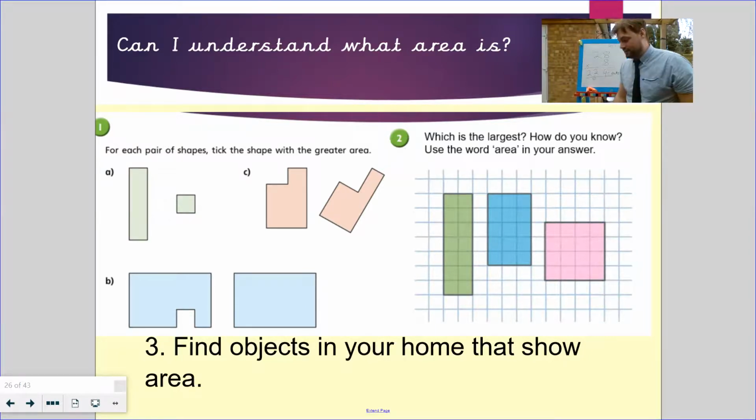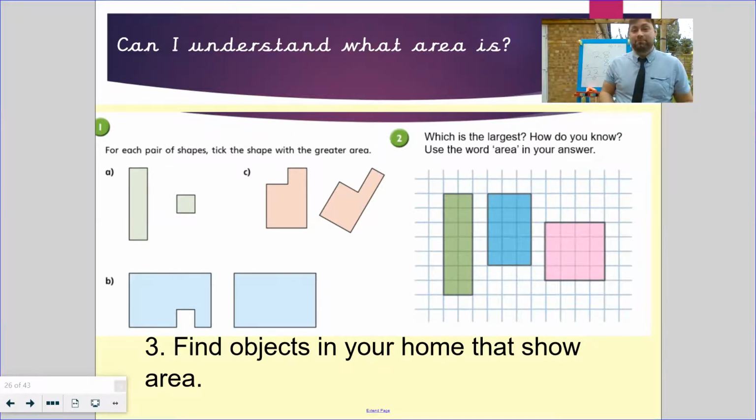What else have I got out here that I can quickly grab and show you? My sketch pads, maybe you can find the area of that. Okay, so have a look around your house and write a list of all the things that you can see that have something to do with area, and write that down on a list and see how many you can get.